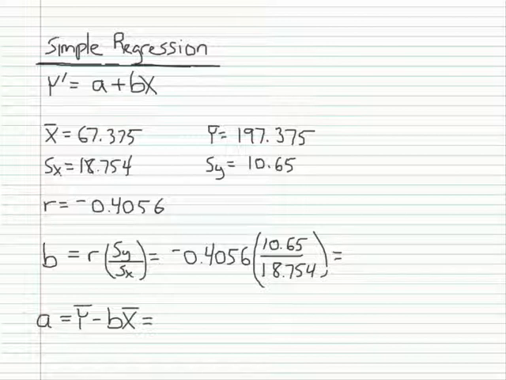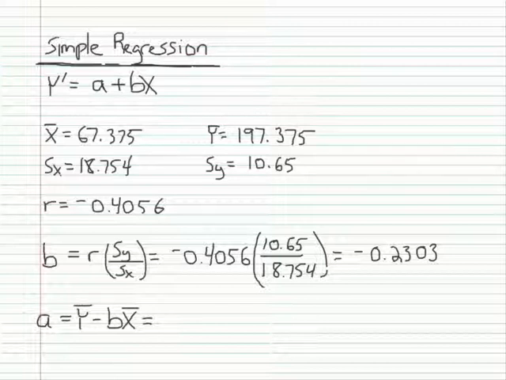And with that, we get a slope of negative 0.2303. What the slope coefficient means is that for every 1 kilometer increase in weekly running distance, we get a reduction of 0.23 minutes in marathon finishing time.